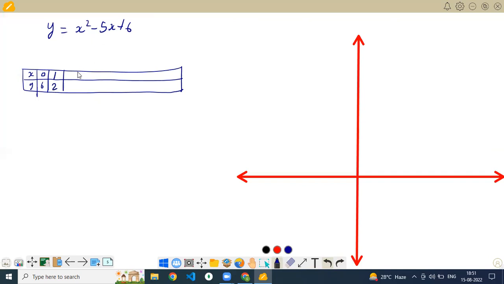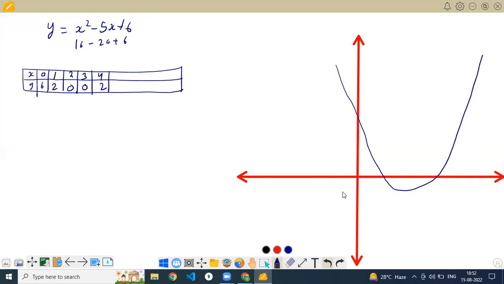If I put x is 2, then y will be 0. If I put x is 3, then again y is 0. If you put x is 4, 16 minus 20 plus 6. So when x is 0, y is 6. So I know the graph of this, so I'll plot this graph for you.